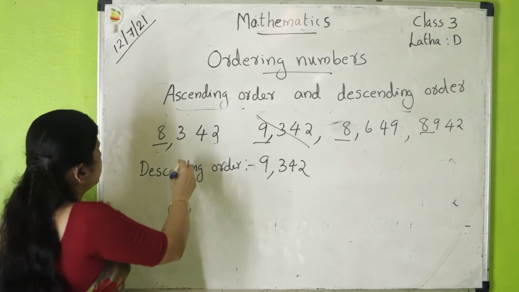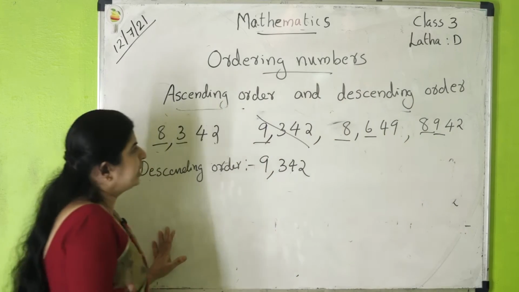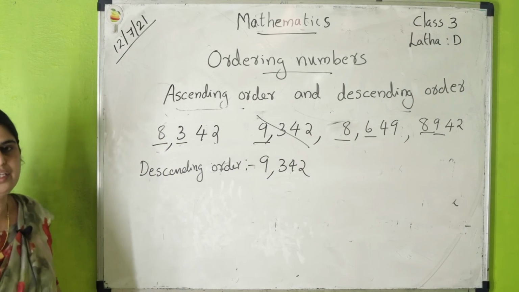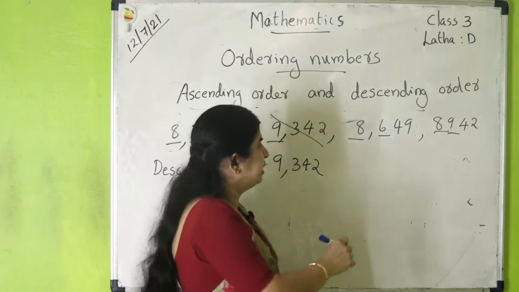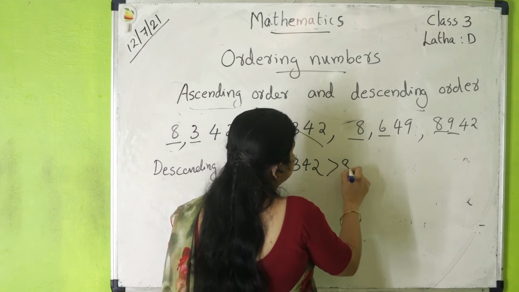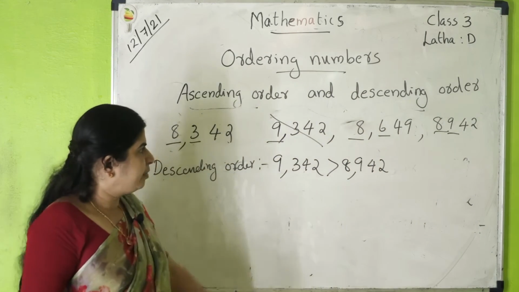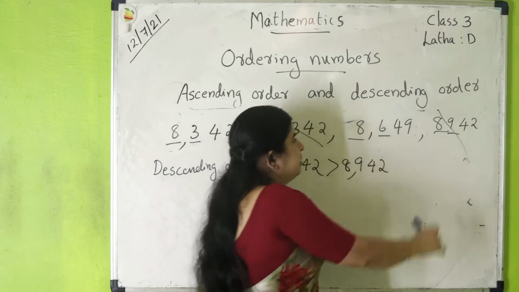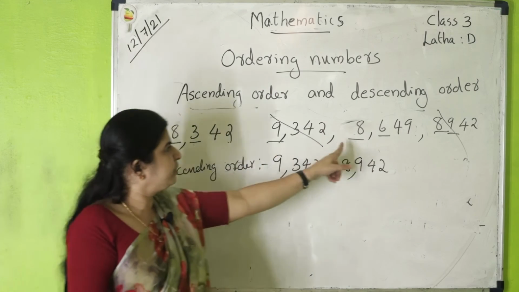Therefore, we move to the next digit, 3, 6, 9. Here 3, 6 or 9, which is greatest? 9 is the greatest number. Therefore, we write 8,942 as the second number.